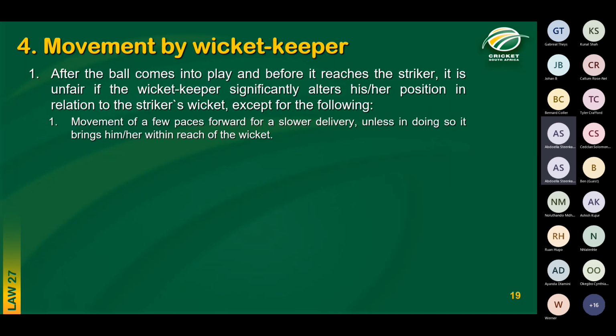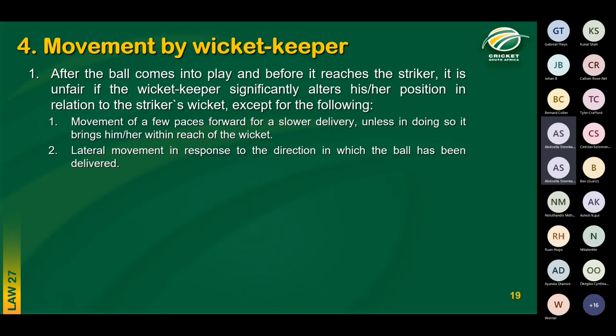Now the keeper takes a step or 2 or 3 forward, and thereby is now actually on the stumps. That is not allowed. Yes, the law allows the keeper to come a few paces forward, unless the keeper is now within reach of the stumps.